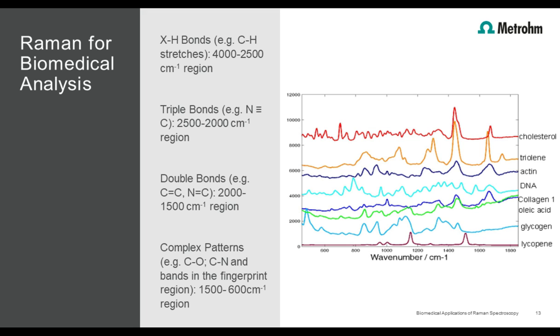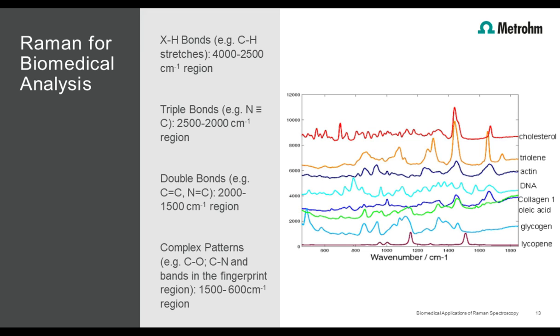So tissue components like lipids and proteins and fatty acids and nucleic acids all have Raman signal that we can use to study them. And so the important regions for these materials come down to kind of 4 main regions.